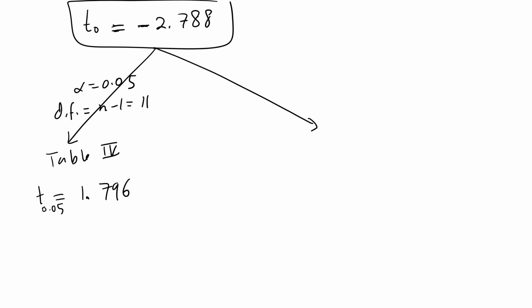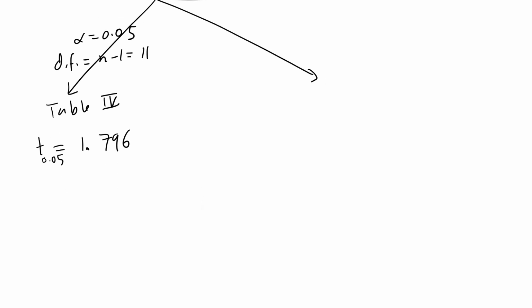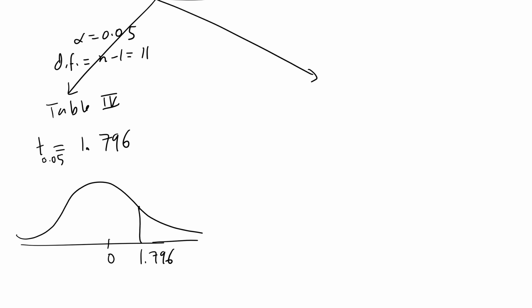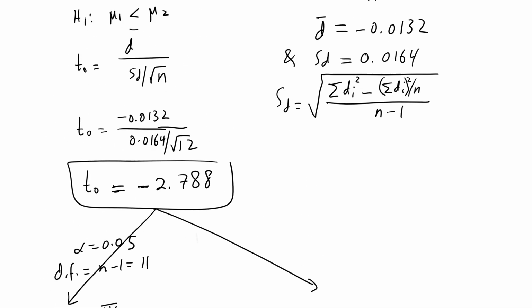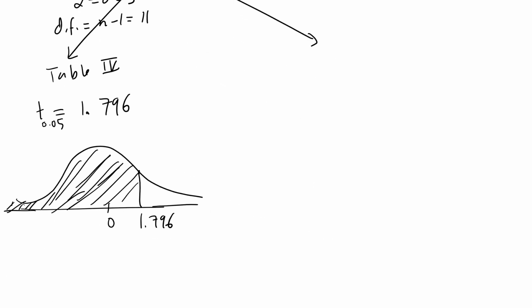And what we need to do from this one, using the critical value, not the p-value, is this: if I draw a figure like this, this is 0, and 1.796, and it was less, so to the left. Now we found t sub 0, which is negative something. So t sub 0 falls somewhere in here. It does fall in the rejection region, right?